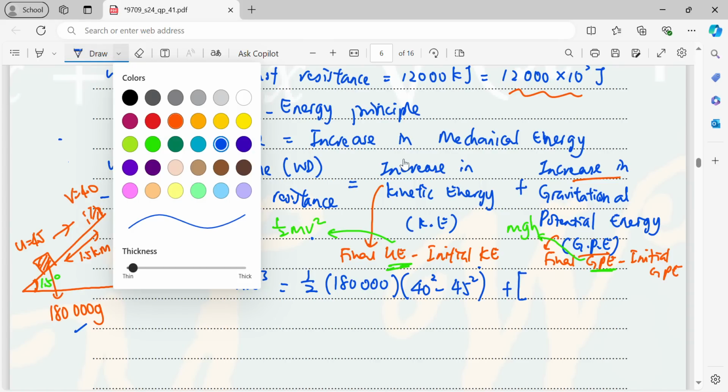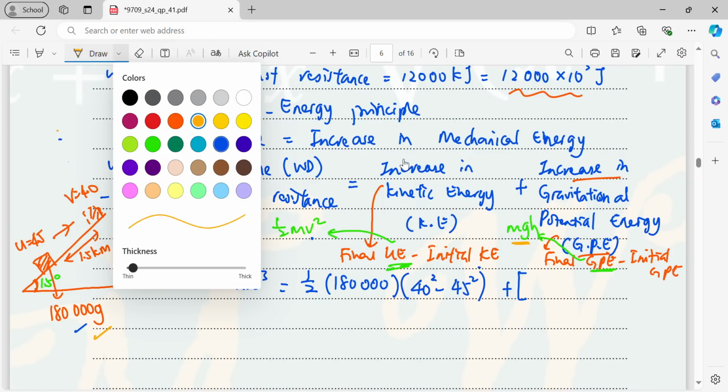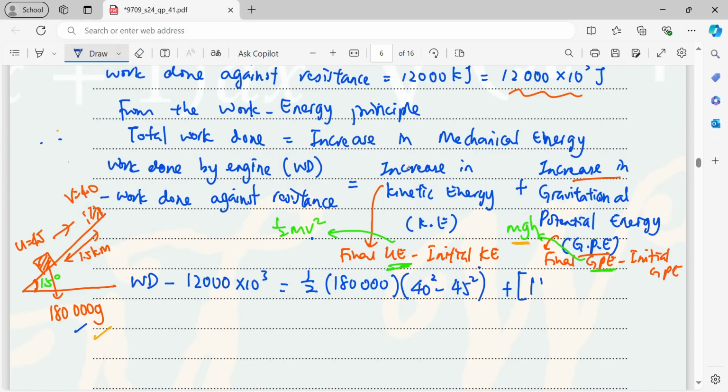Again, in the mgh, the mg are in common. So the mg is basically 180,000 g, where g is replaced by 10. I do not have enough space, so I write on the next line. Plus 180,000, this is my m, my g is going to be 10. My h, I need to find out what is my distance here.